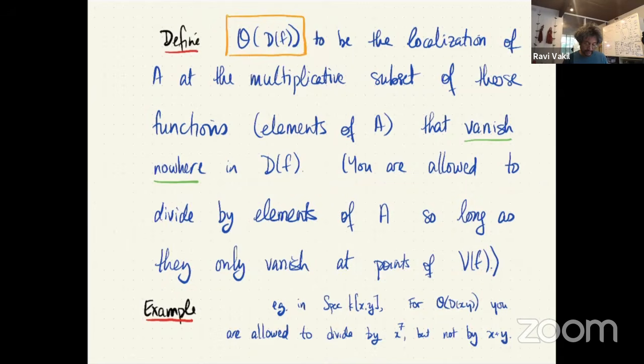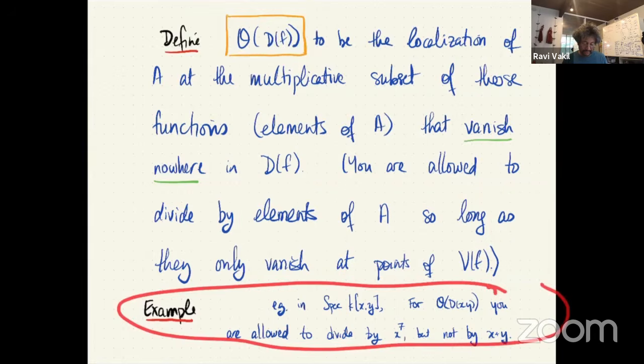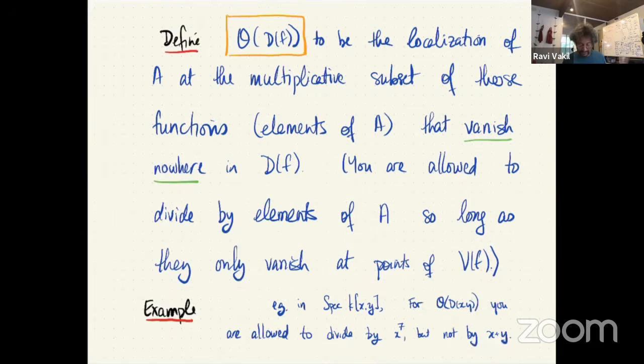In the plane, if you look at the distinguished open set where xy is non-zero, then you're allowed to divide by x to the 7th, but you can't divide by x plus y. The great thing about this is you're defining it with reference to the open set, but not the particular f. It's independent of choice of f.